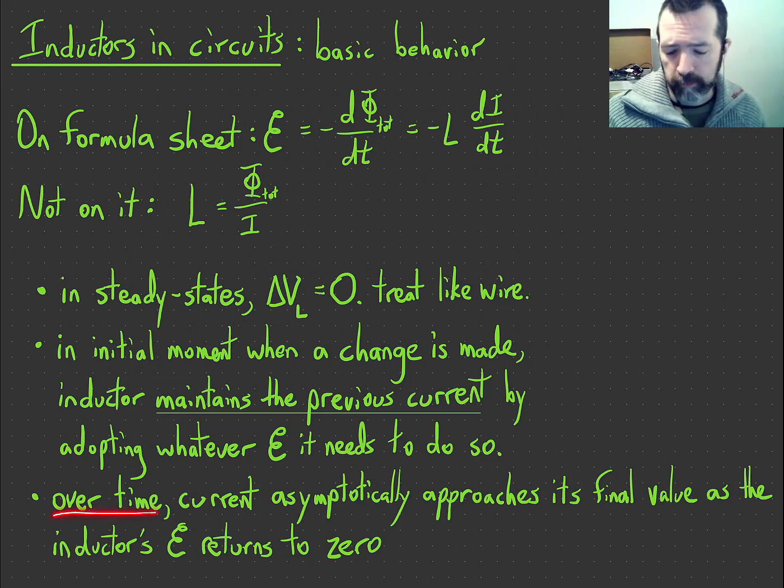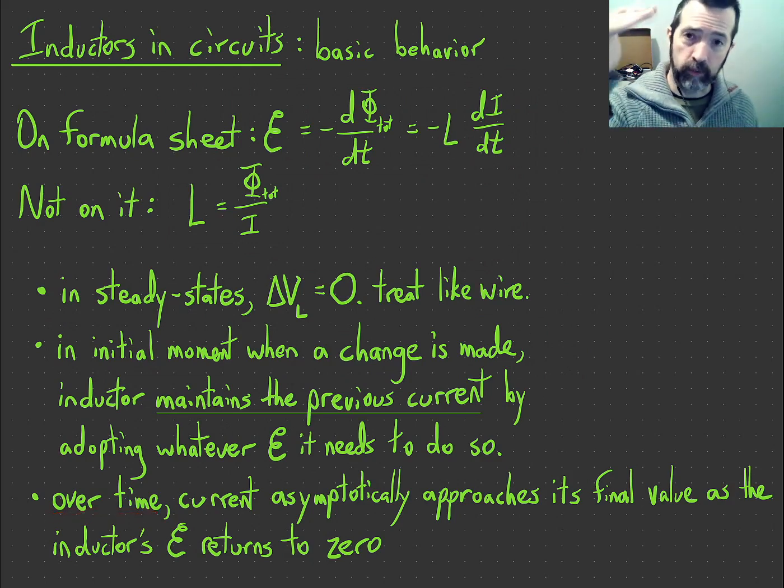Over time, the EMF gradually drops down to 0, and so the current will asymptote towards whatever value you were trying to make it have in the first place. So if you're turning off the system, the current will go down to 0. If you are just turning on the system, the current will increase to whatever current you would get based on the voltages and the resistances and that sort of thing.